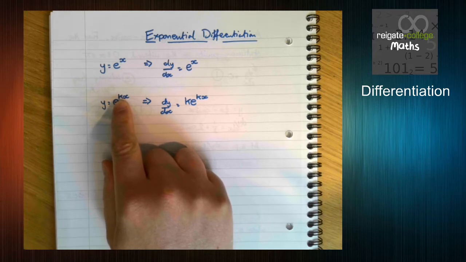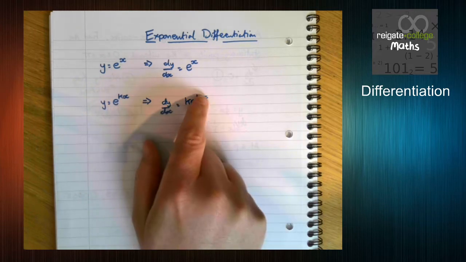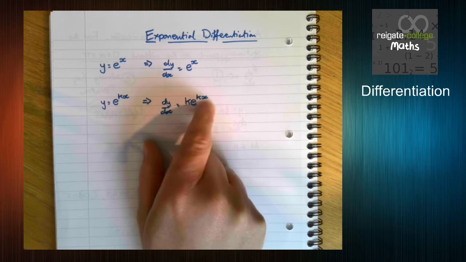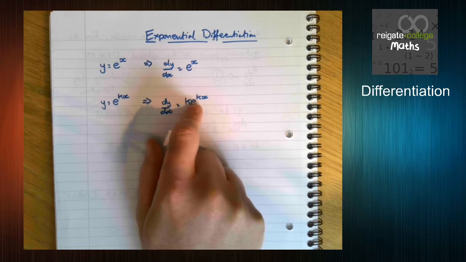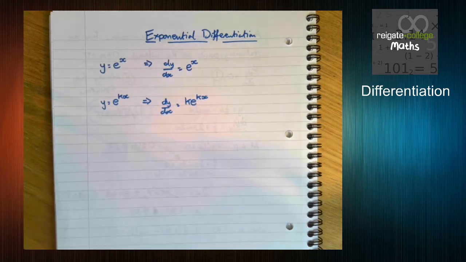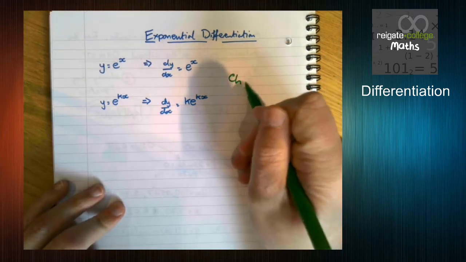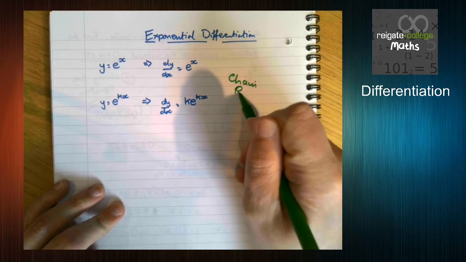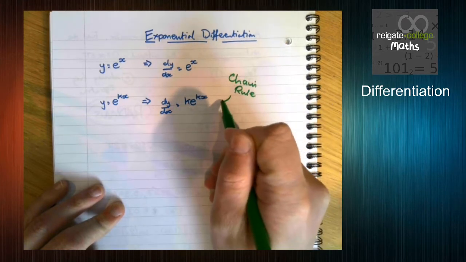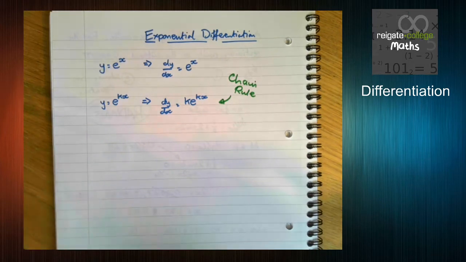This idea of the kx here, the k jumping on the front and everything else behaving as we'd expect, is a common theme. And it's something we will get to in another video when we look at the chain rule. But that's for a later video.